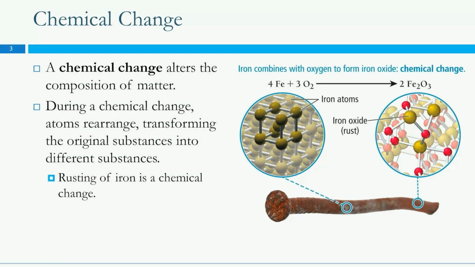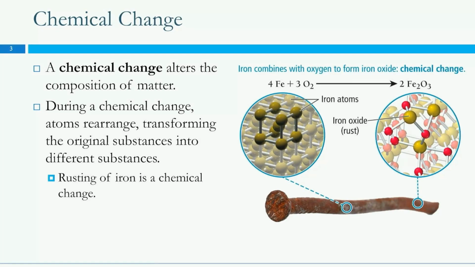When iron oxidizes, we're actually inserting oxygen atoms inside that structure, and it destroys the structure of the iron, making it weak, making it flake, also changing the color. So fundamentally, a chemical change is a rearrangement of atoms at the most fundamental level. Right? It becomes a new substance.